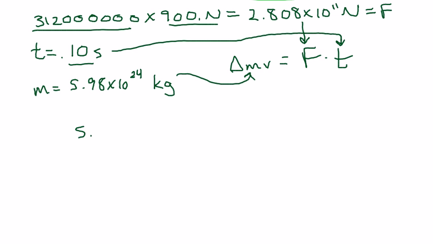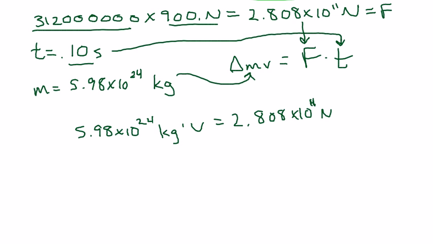So we can put 5.98 times 10 to the 24th kilograms times v equals 2.808 times 10 to the 11th times 0.10 seconds.